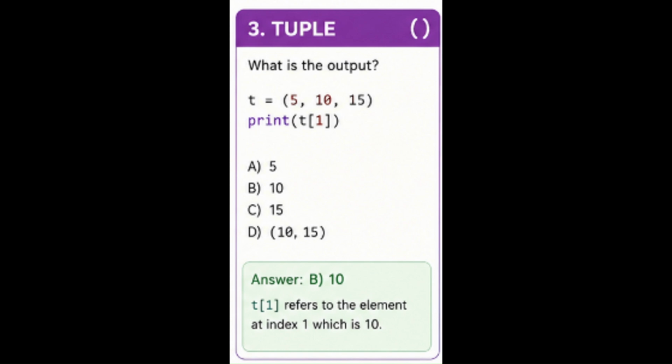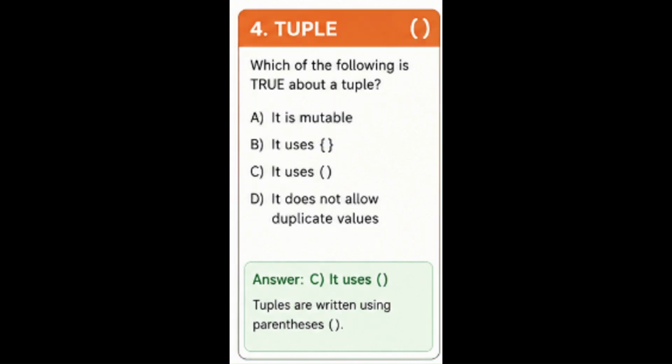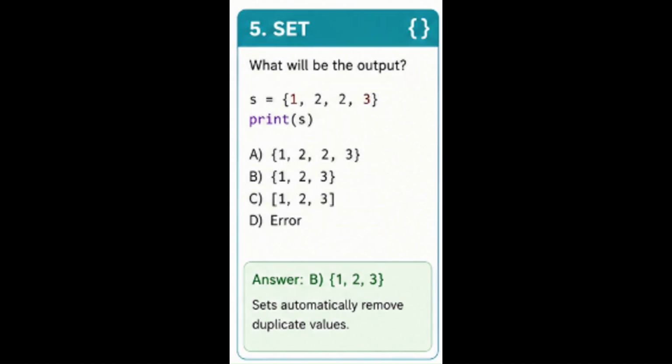Okay. What is the output? T equal to 5, 10, 15. Print T[1]. So it is 10. Which of the following is true about a tuple? It uses parentheses. What will be the output? S equal to 1, 2, 2, 3. It is option B, 1, 2, 3, because it removes the duplicate values. So 1, 2, 3.